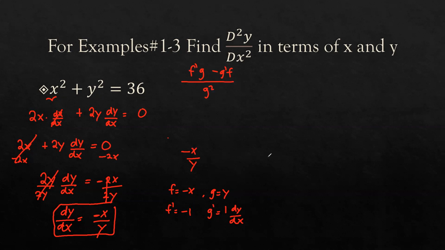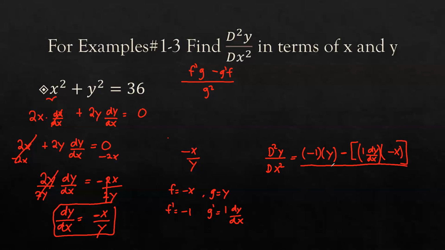So you can say d squared y over dx squared is f prime, which is -1, times g, which is y, minus bracket g prime, which is 1 dy/dx, times f, which is -x, bracket, all over g squared, so that is y squared.